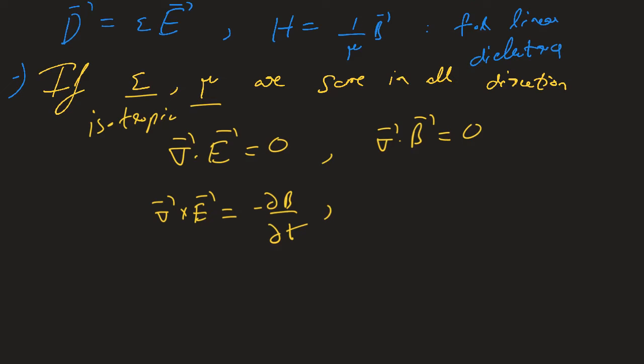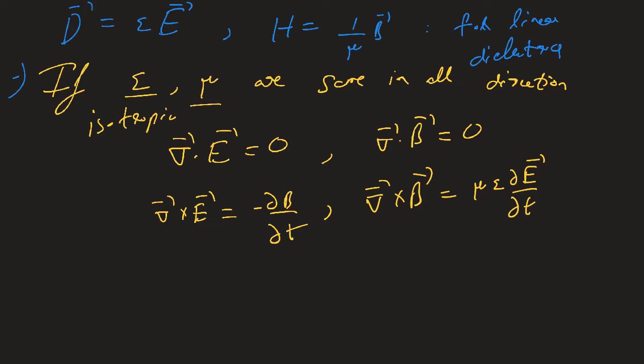And the fourth Maxwell equation, which in the previous slide is del cross H is partial D by partial T, that now becomes del cross B is equal to mu epsilon partial E by partial T.